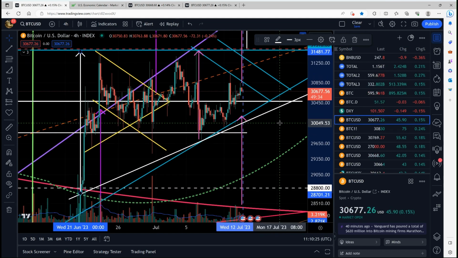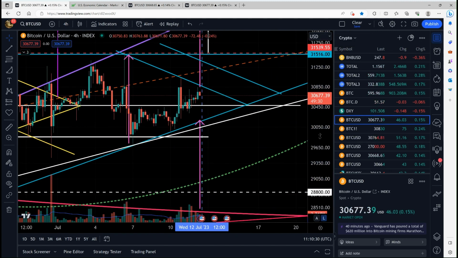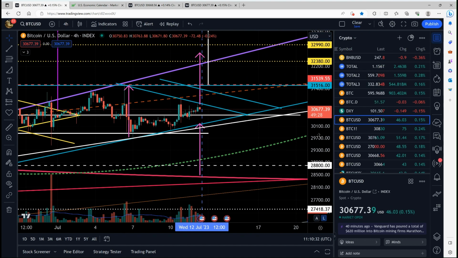Anyway, where were we? We were looking at. Let me go a little bit smaller. So, target from this triangle right here, the aqua triangle that we are trading in, symmetrical triangle, about 30,480, exactly like the previous symmetrical triangle.